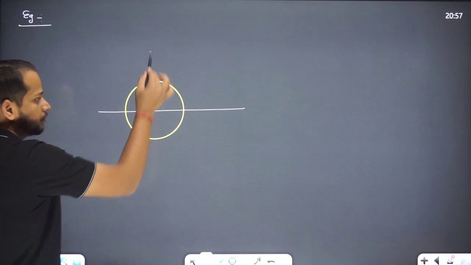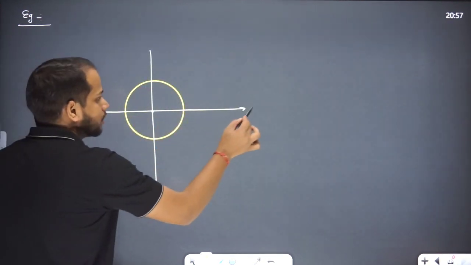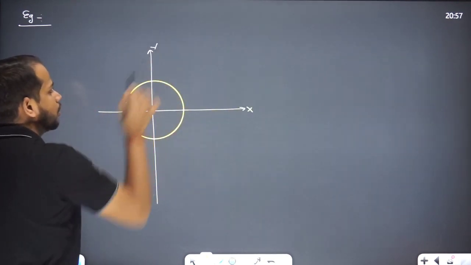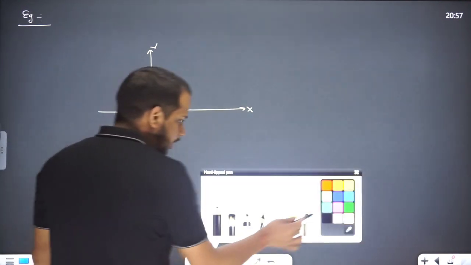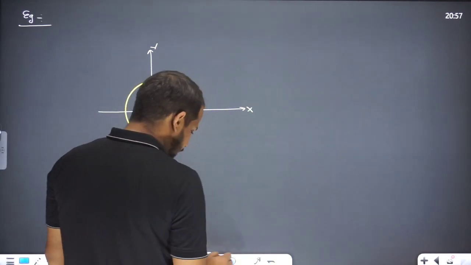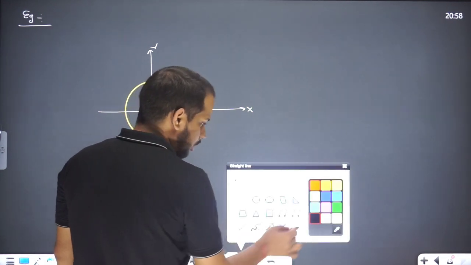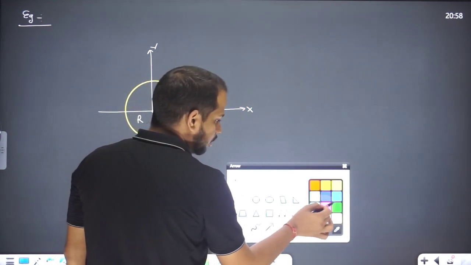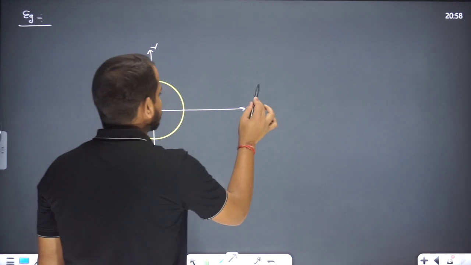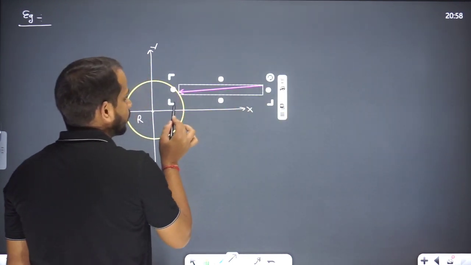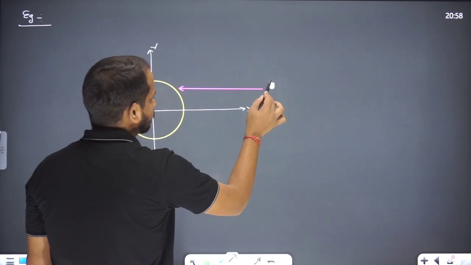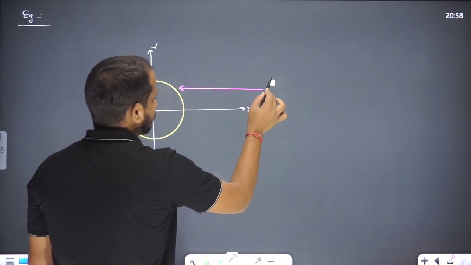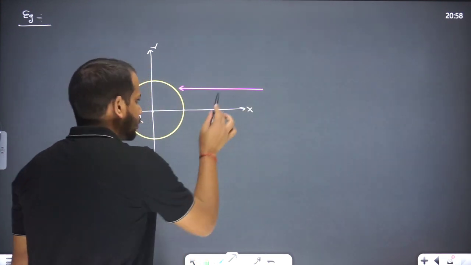We can see it is given like this. This is the x-axis and this is the y-axis. And the radius of this one is R. Now a light is incident on this one, like this, over here. I hope it's straight. Okay, let's assume this is straight.